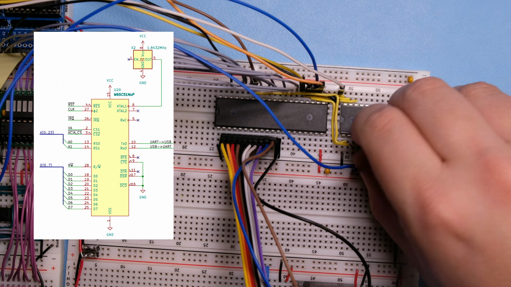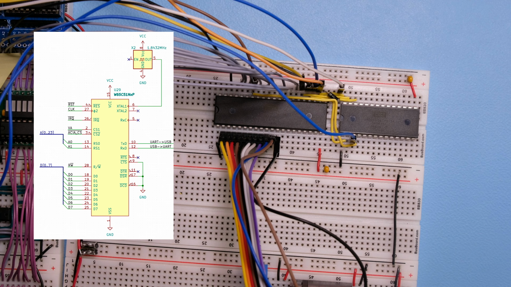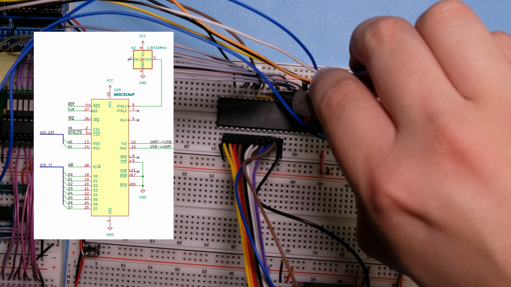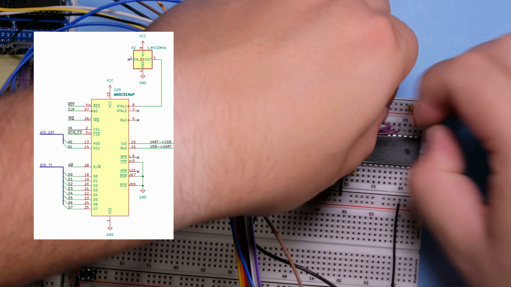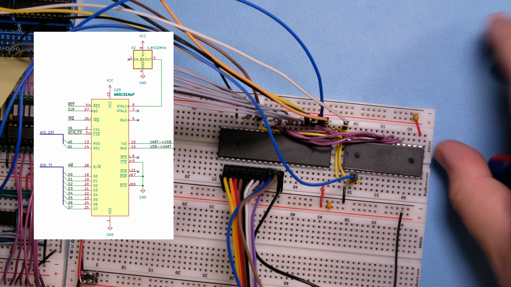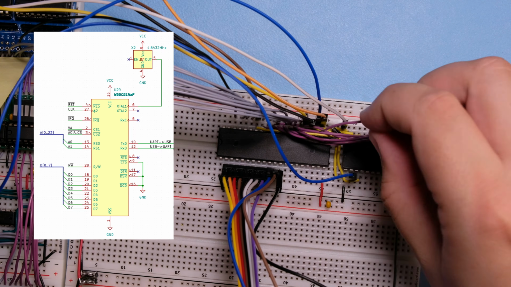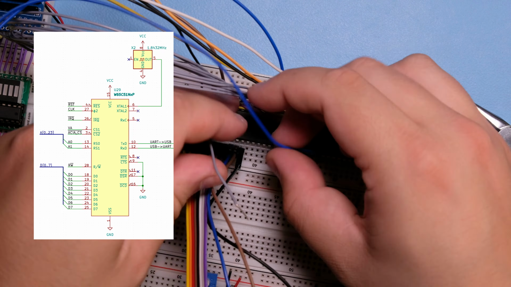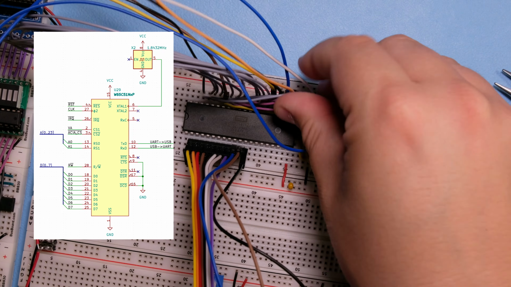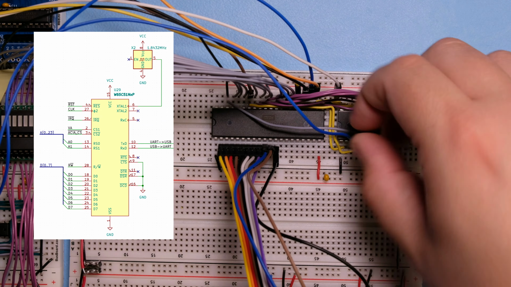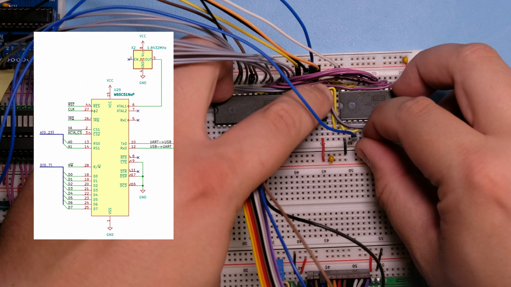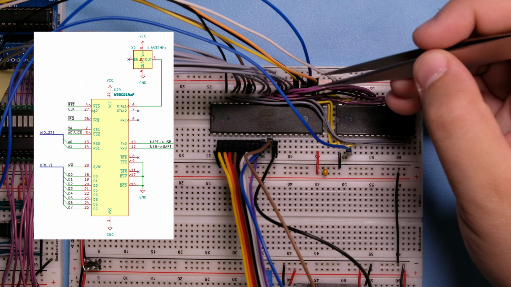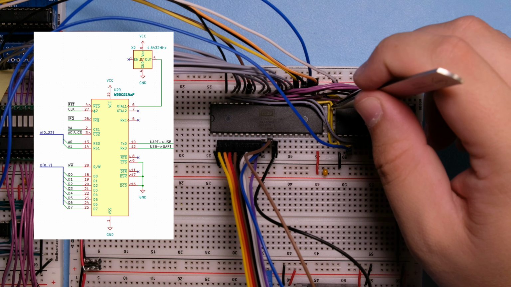And then we need the 2 address lines and the 8 data bus lines. These are all the CPU side signals connected.